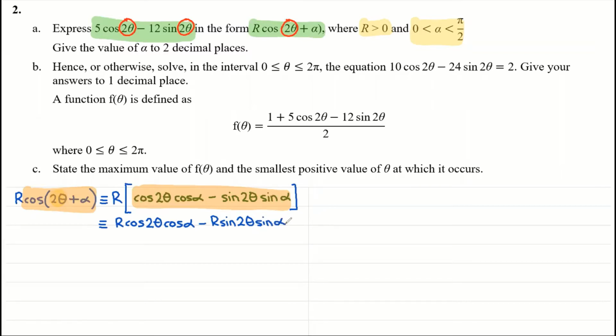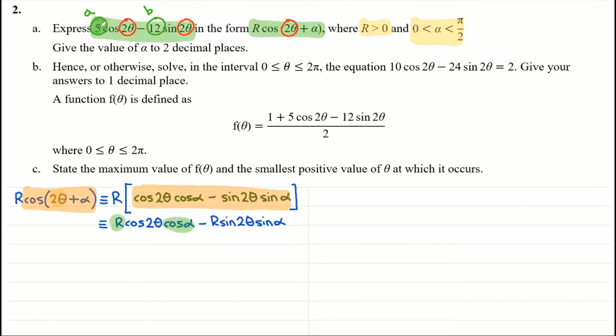All right, so let's have a look at what our A and our B are in this situation. Well, if I write them in, you can see that A here is, of course, 5. And the B, I'm going to just call it 12 at the moment. We've got a negative there. We'll talk about that in a sec. So when I'm comparing coefficients, as I'm going to do now, the R part and the cos alpha part must correspond to the 5 up here.